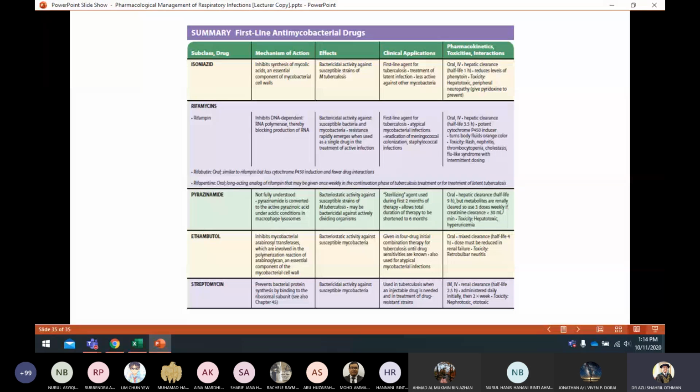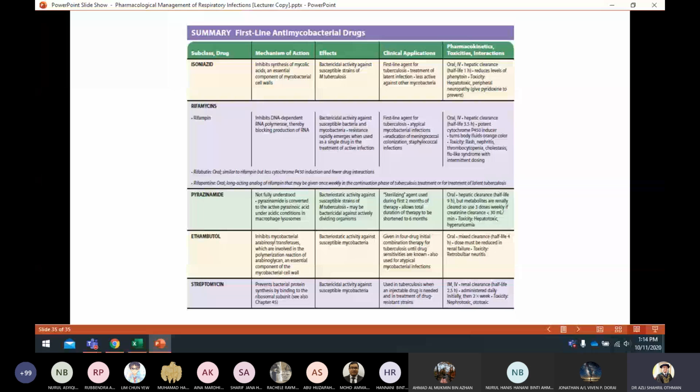In contrast to community acquired pneumonia, where the drugs can change according to the situation, so we don't usually simply ask you to give the name of the drug.